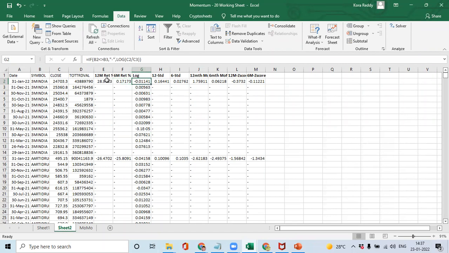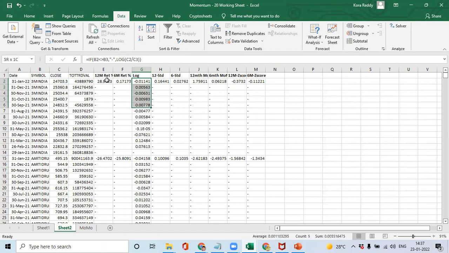There's nothing fancy about it. It is simply log of today's close divided by yesterday's close, or this month's close divided by last month's close, or whatever way you want. Right.